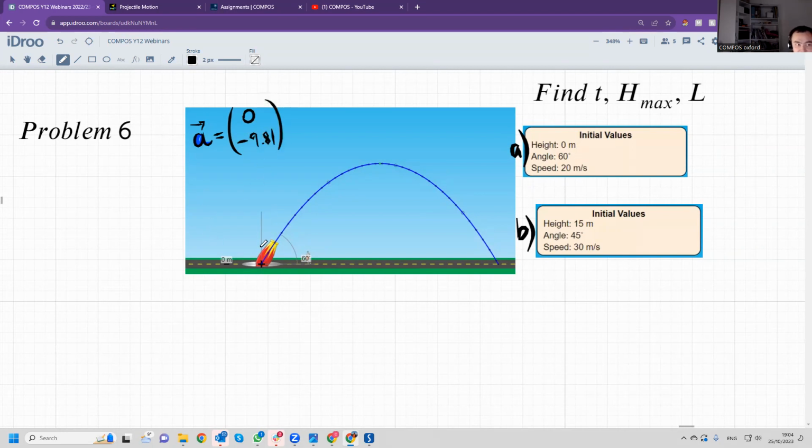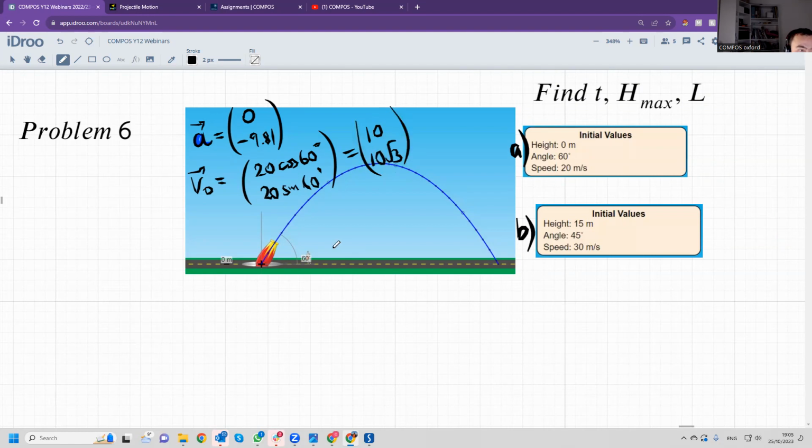That's how acceleration works, because it's downwards. Initial velocity is 20 cos 60 and 20 sine 60, so the initial velocity is 10 and 10 root 3. Okay, good. That's very good.